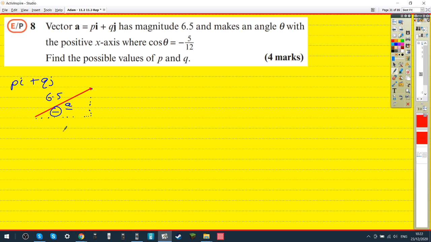Which gives me 114.624. We want possible values of P and Q. Is P the bottom and Q the right? P's going across and Q's going up.